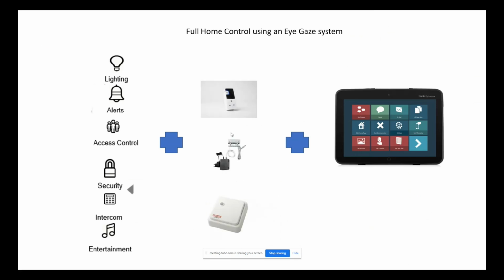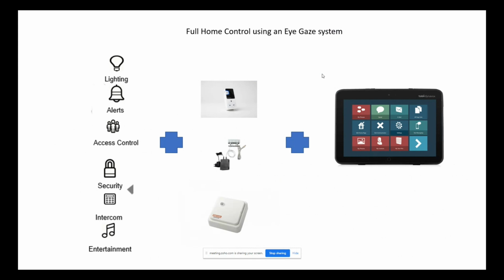Then you just add whichever receiver is appropriate and it controls it. The user themselves wouldn't know what receivers are attached to what. They would just use their software in whatever way we set it up, and they can control anything from their home. So that's a brief overview of how you may use environmental control with your AAC device.